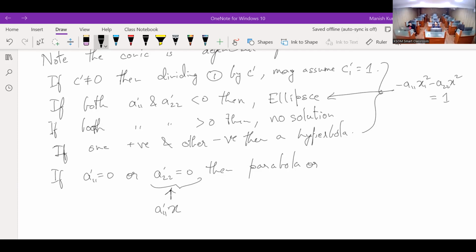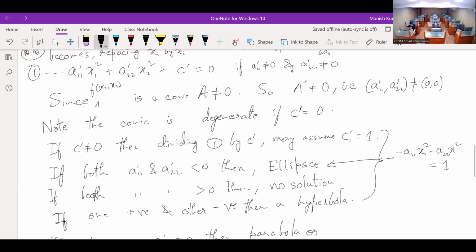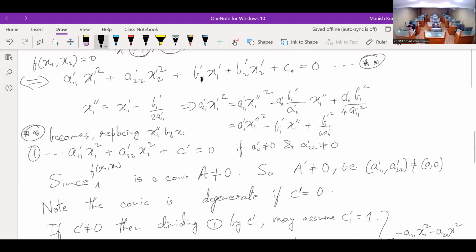Sure. So now is the case where one of A11 prime or A22 prime is zero. Let's just assume A22 prime is 0 and A11 prime is non-zero. So in this case the equation becomes, by the same trick, you can absorb the linear term for x1 prime.